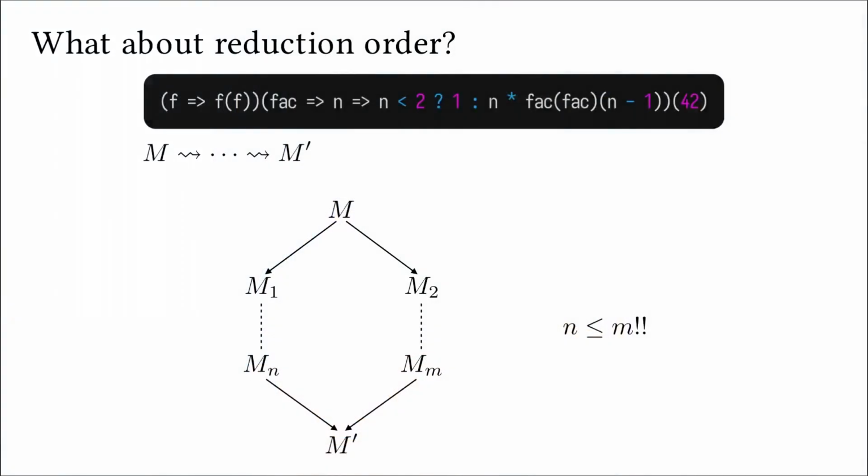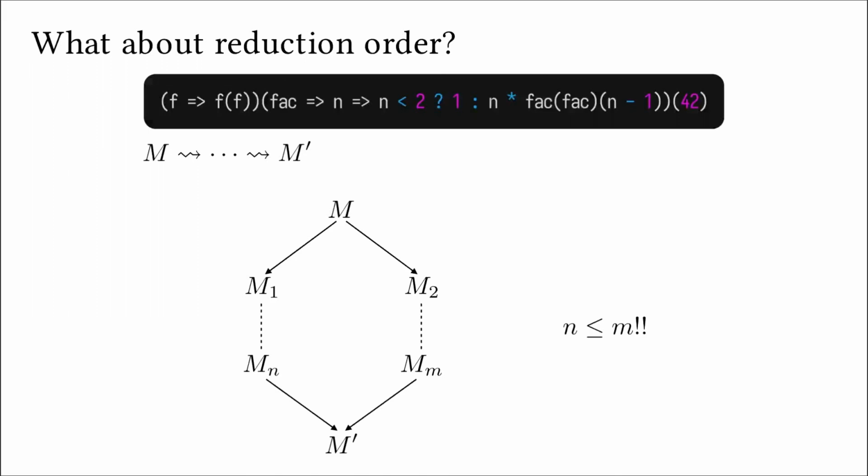So we can basically reduce the application or the functions in the applications arbitrarily, and you will always get to the same result. And the important part is that in this graph, we have a term m, and eventually it will reduce to the term m prime.